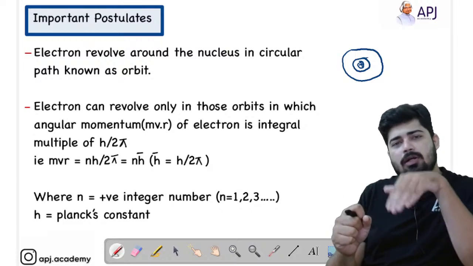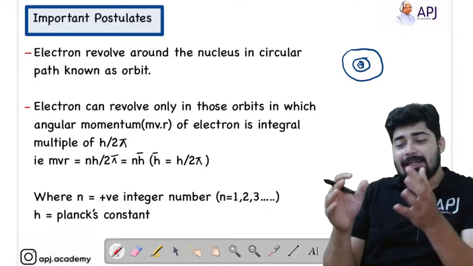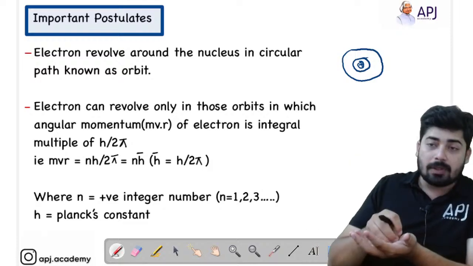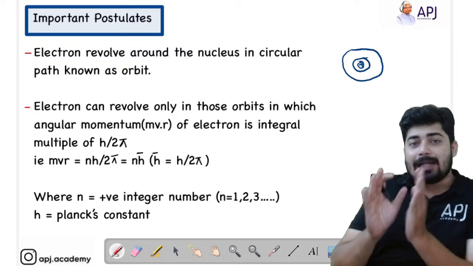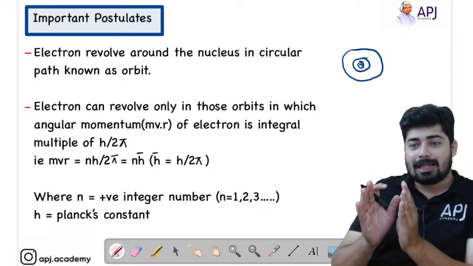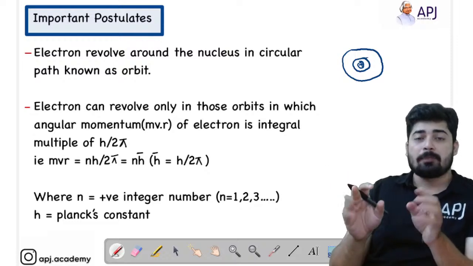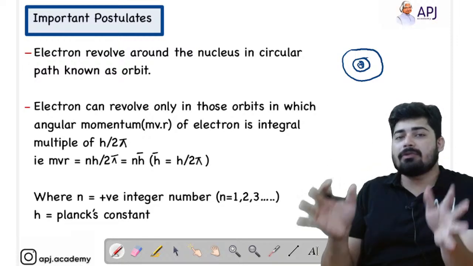It goes on revolving, losing and releasing energy, and finally it falls into the nucleus. If that happens, the atom cannot be stable, or the atom will be completely destroyed. You know that the basic particle of the whole nature, or the whole universe, is the atom.